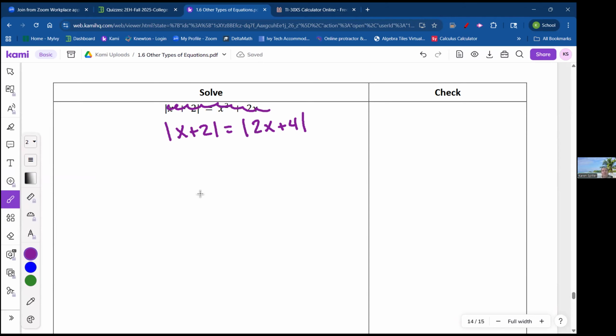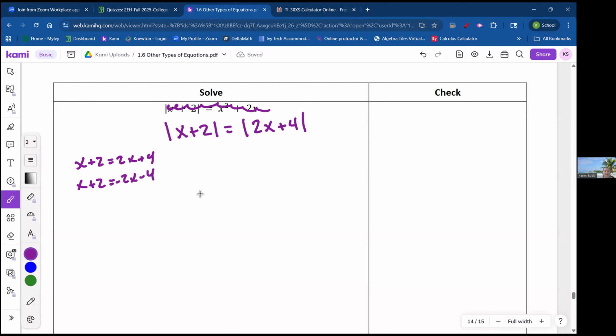When you have two absolute values, technically you have four equations, but those four equations all turn out the same two answers. So you don't need four equations, you just need two. Don't write this down, but this should be x plus 2 equals 2x plus 4, and x plus 2 equals negative 2x minus 4.